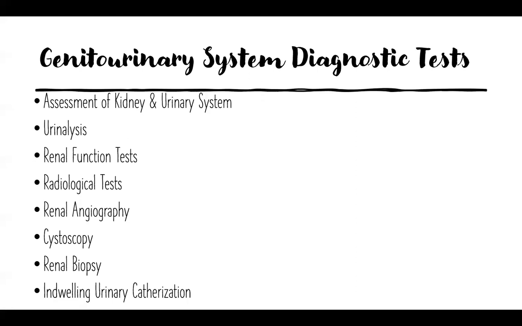So this is a huge concept to understand for test questions, right? Anytime a patient has bright red blood and there are clots in pretty much any body system, we want to notify the provider immediately.